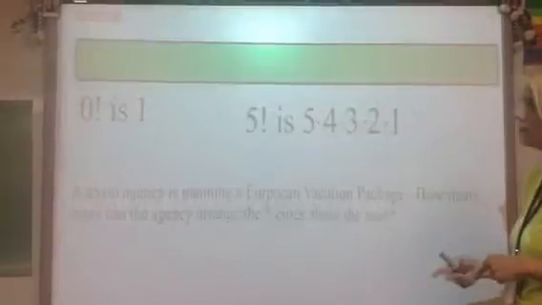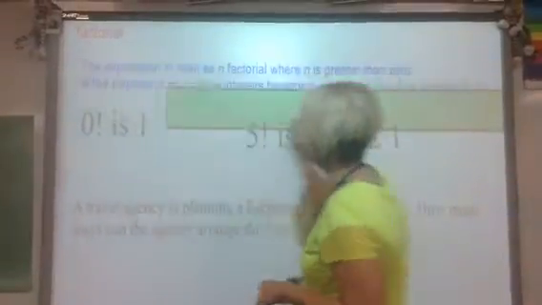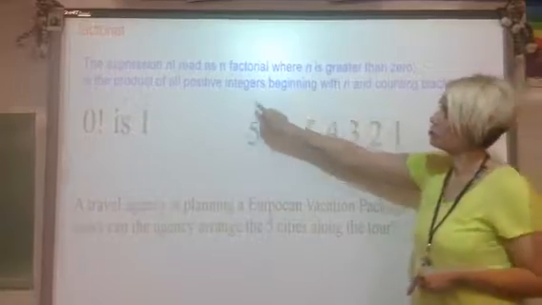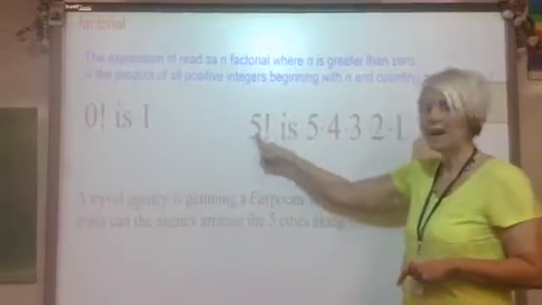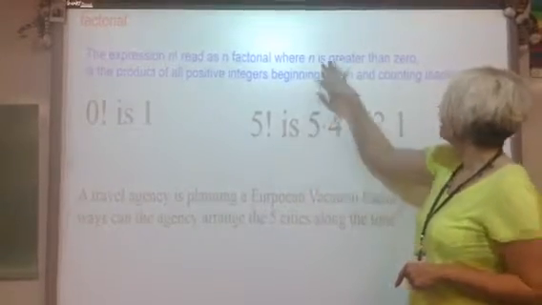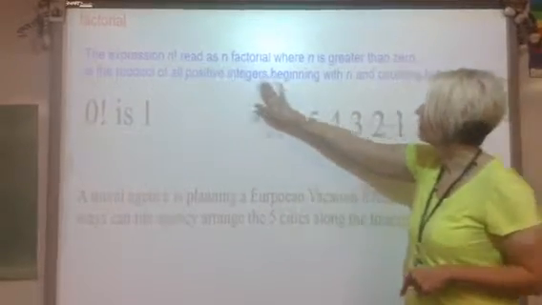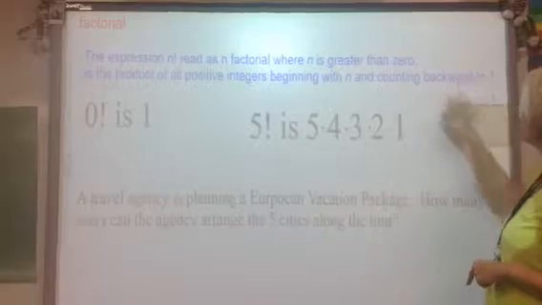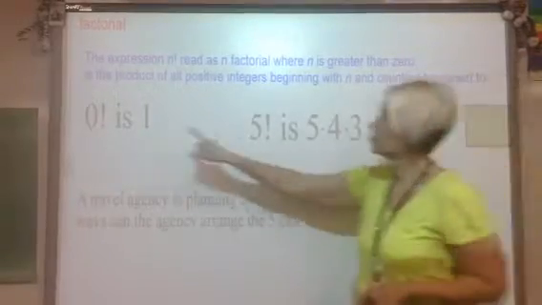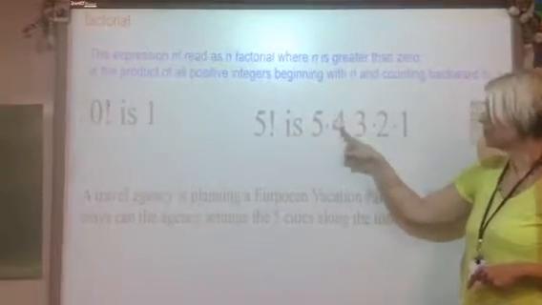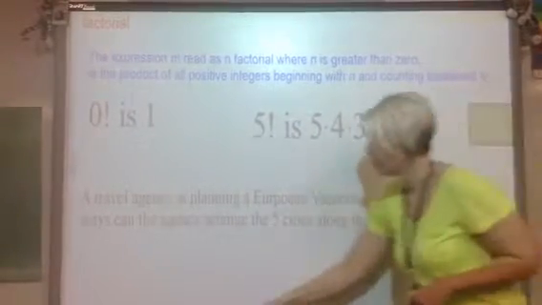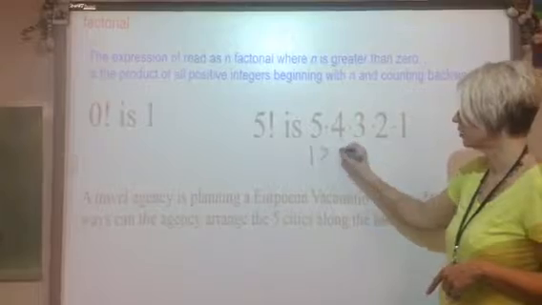Let me make a little more sense here. A factorial is read like this: 0 factorial, and this is read 5 factorial. When n is greater than 0, n factorial is the product of all positive integers beginning with n and counting backwards to 1. So 0 factorial is 1. 5 factorial is 5 times 4 times 3 times 2 times 1, which is 120.